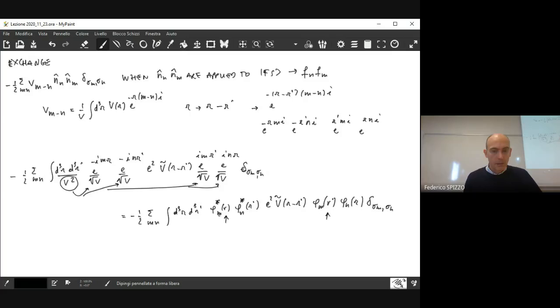And before concluding this part of the lesson, I would like just to recall that in all the calculation, we never had to consider the fact that the global wave function has to be antisymmetric. So we completely forgot the symmetry constraints related to the electrons.